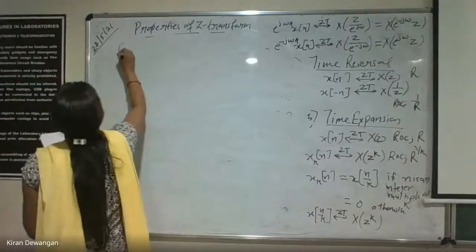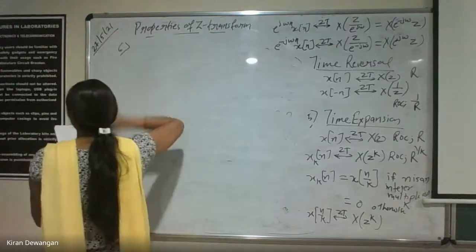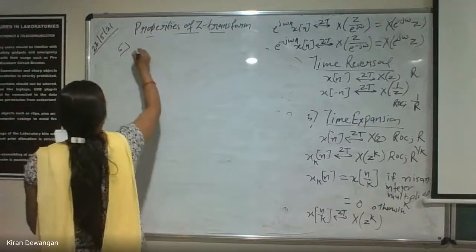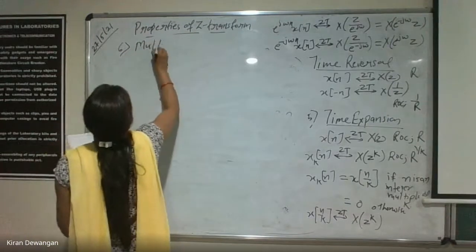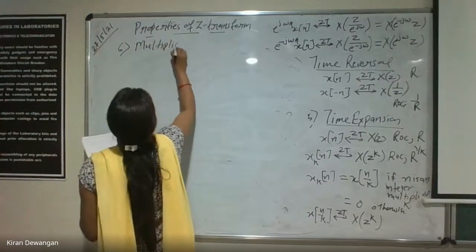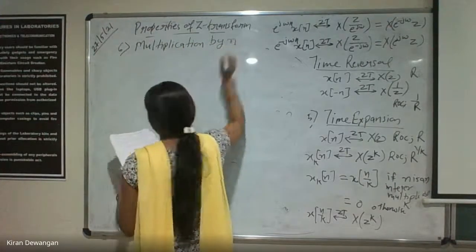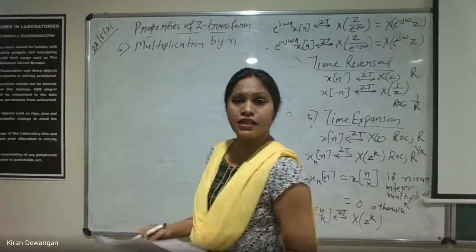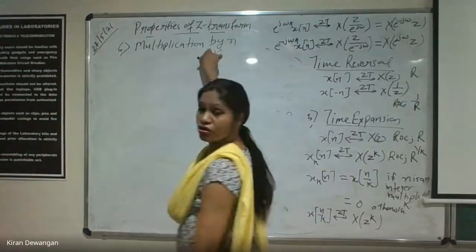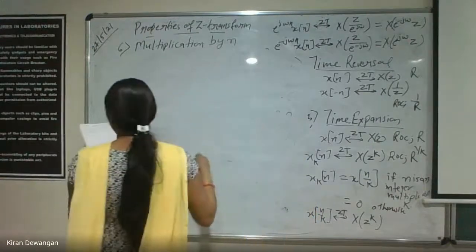Then we have the sixth property which states multiplication by n, or differentiation in z domain.